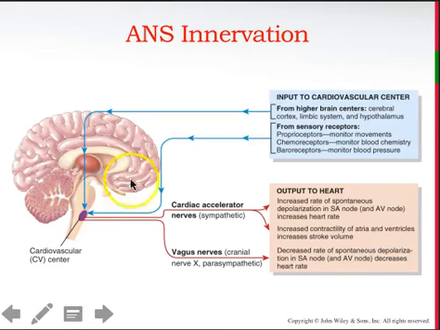This is a nice diagram from the publisher that shows input into the cardiovascular center and then the output towards the heart, and how those inputs will influence what happens on the output. So just to reiterate, we're not relying on the autonomic nervous system for basic rhythm.